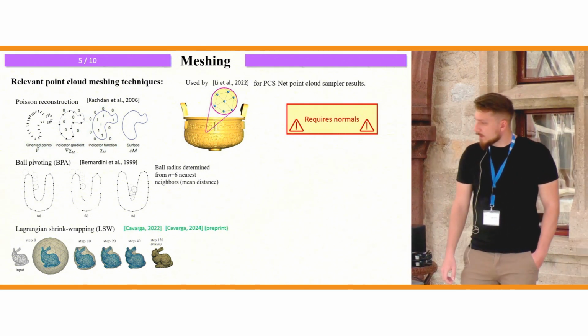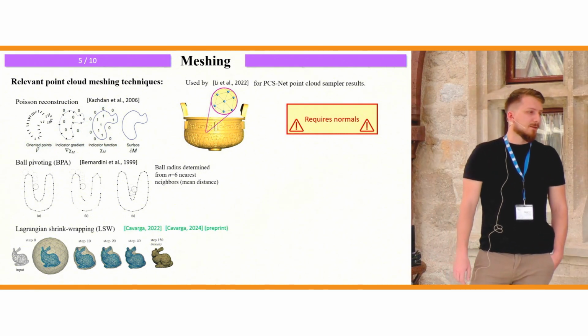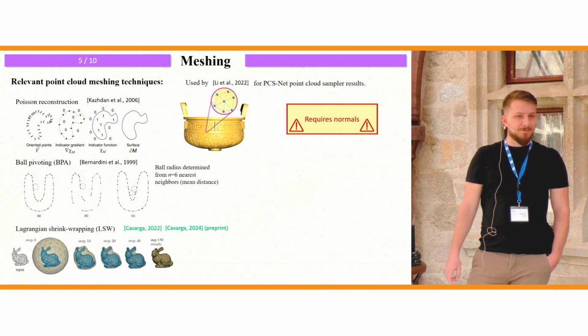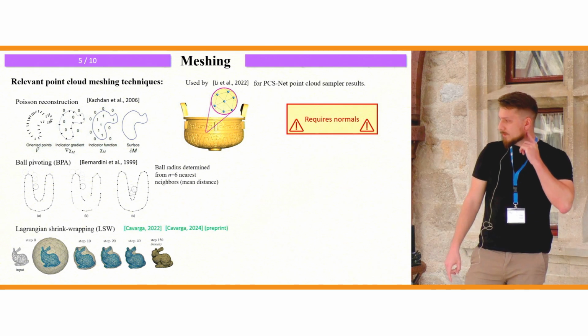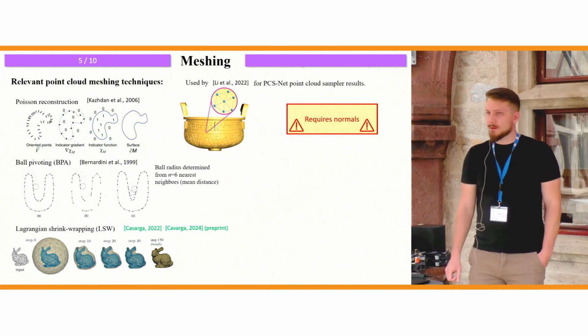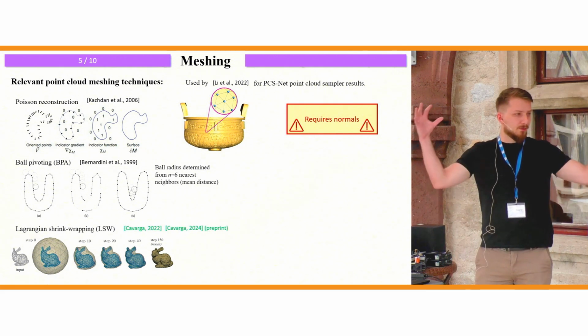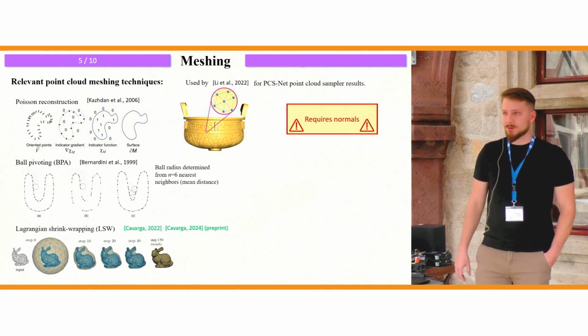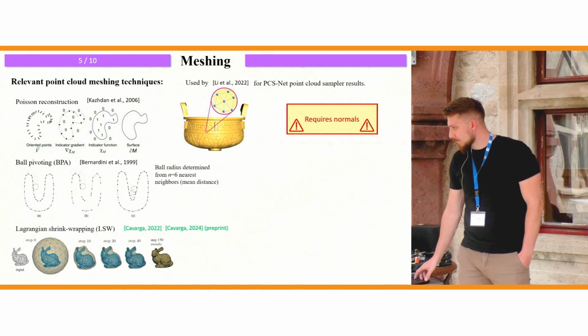And then there's my favorite, from the year 2022, an algorithm called shrink wrapping, which basically computes a distance field and wraps the input geometry with a different mesh.